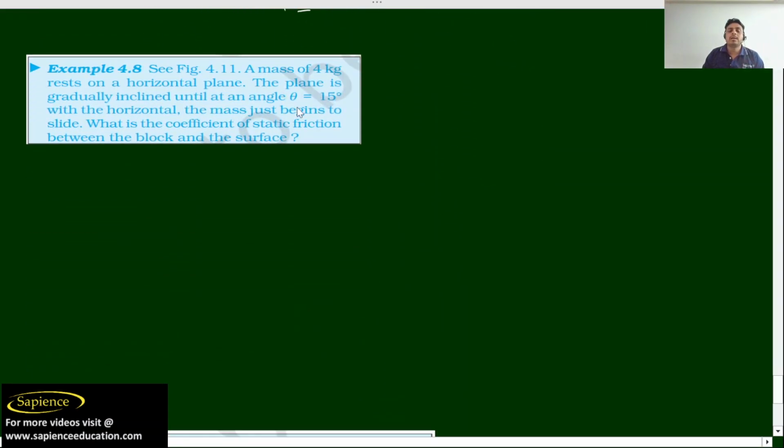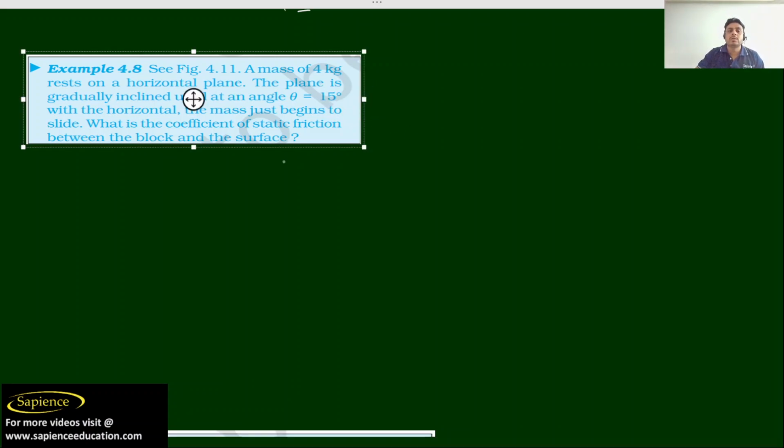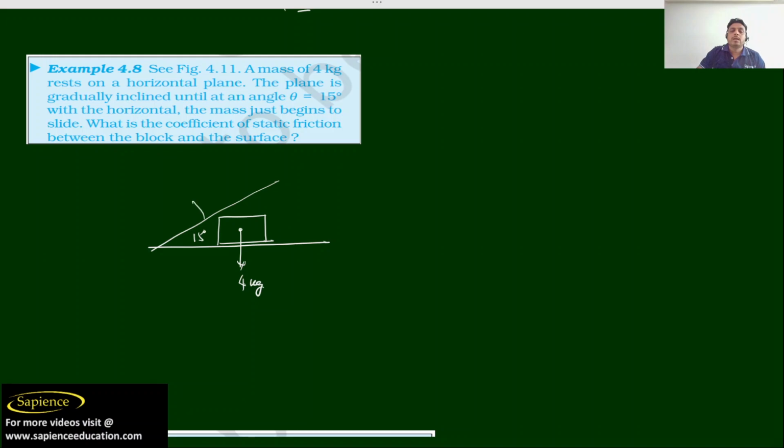Now another question I want to solve here. A mass of 4 kg is placed on a horizontal plane. Let us consider there is a horizontal plane and the mass is 4 kg. The plane is gradually inclined until the angle is 15 degree with the horizontal, when the mass just begins to slide.